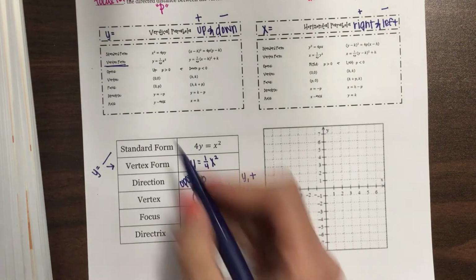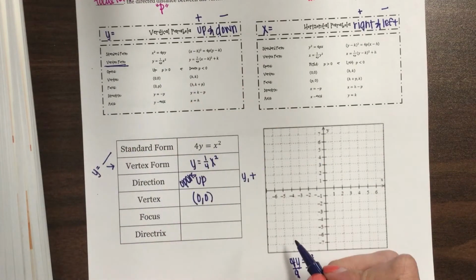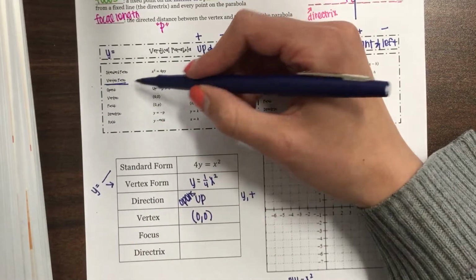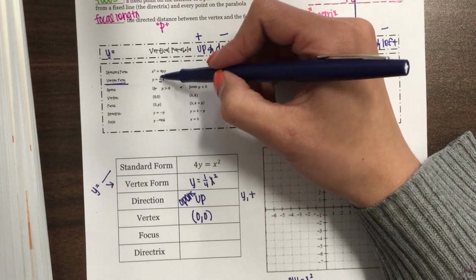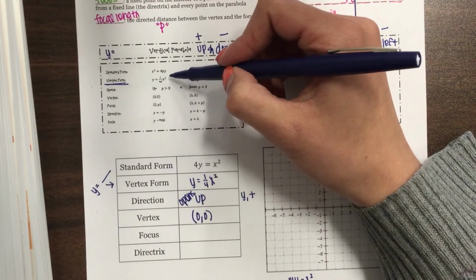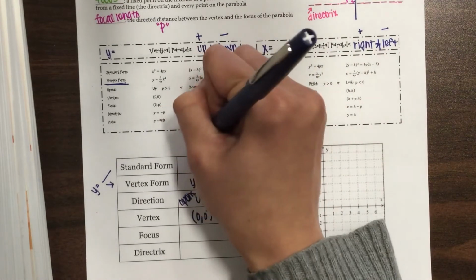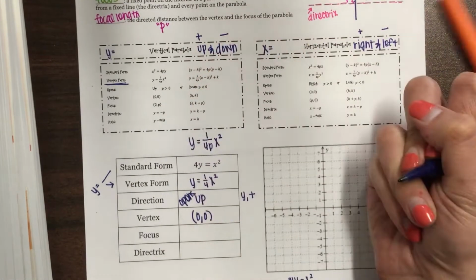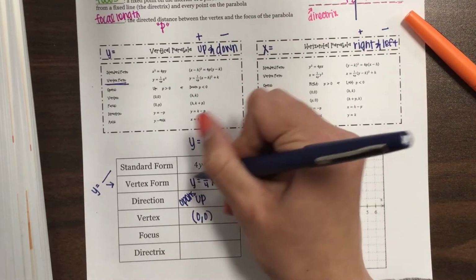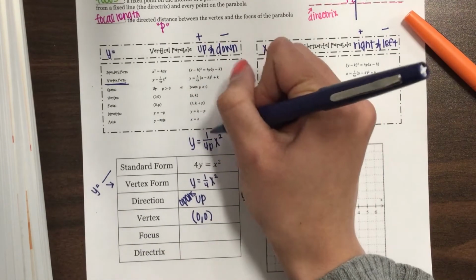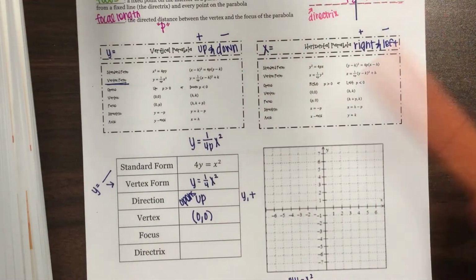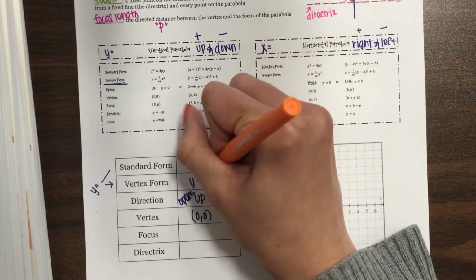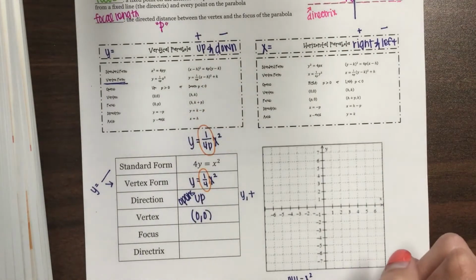Now the focus, we need our p-value to find the focus. And if we look at this equation right here, our vertex form equation is y equals 1/4p x squared. So I'm going to use that to find my p-value. I'm just going to set this piece equal to the number in front of here and solve for p.